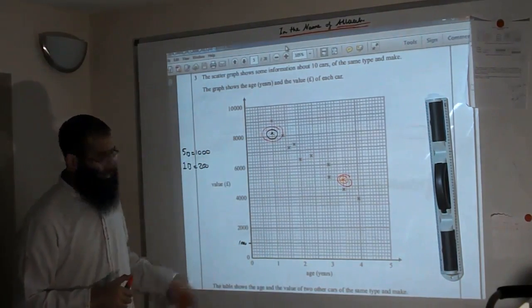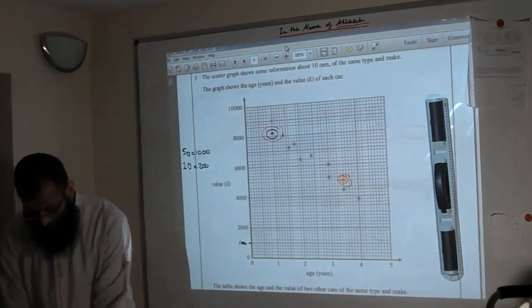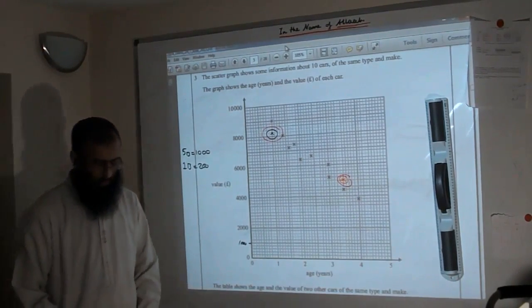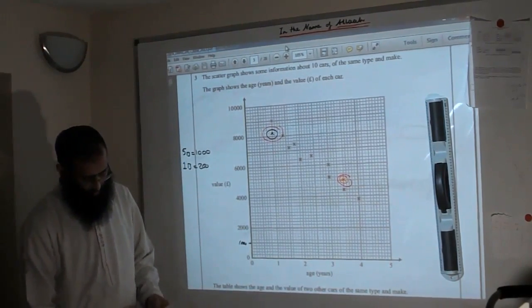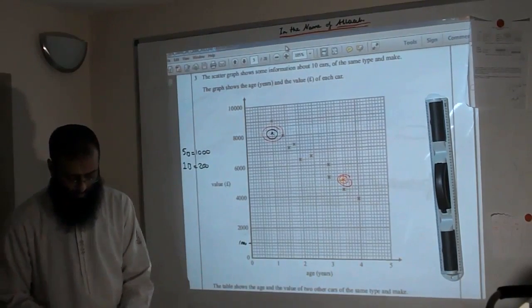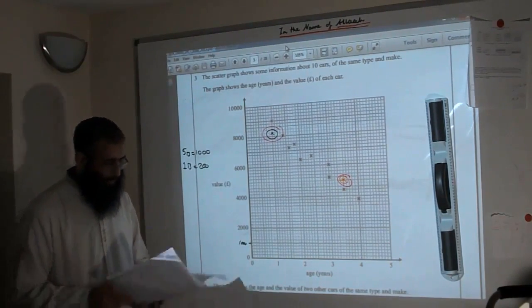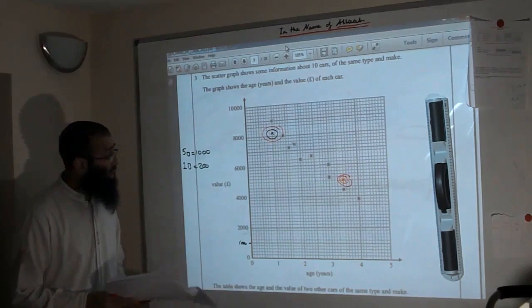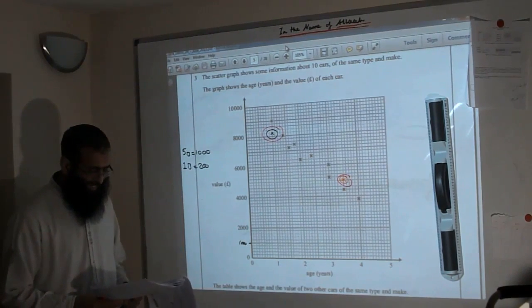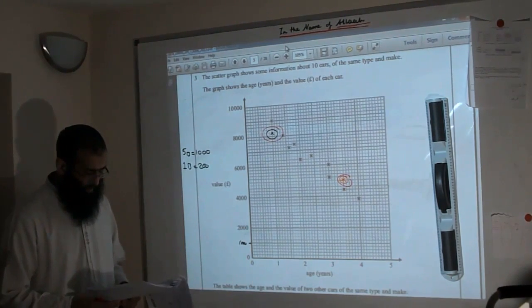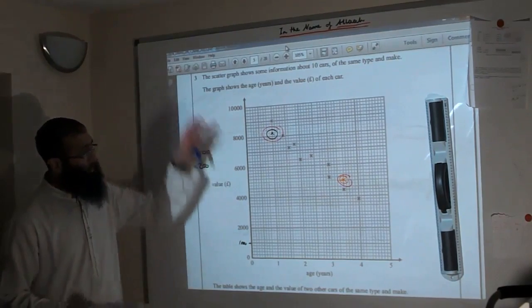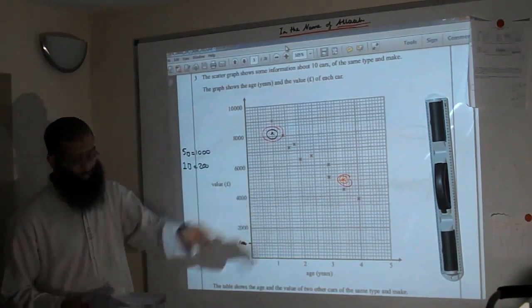Yeah? Now, the next part of the question says, describe the relationship between the age and the value of the cars. Now, we're not going to be moving the graph up and down because we're going to lose this information here.